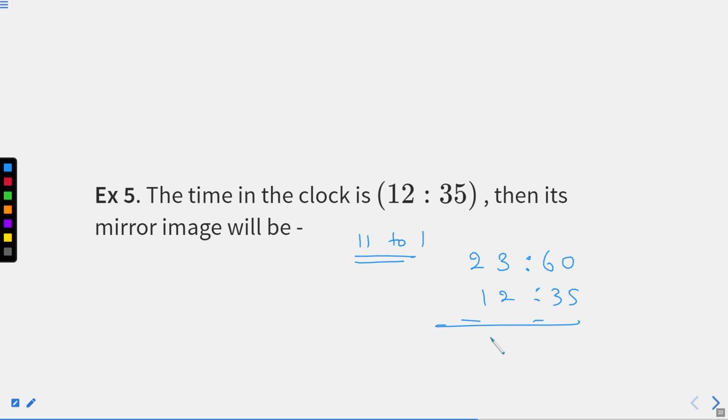So you will get 11 and 25 minutes. So this will be your answer. I hope this part is clear now, right? We are not doing anything extra. We are just using the method that we have already discussed. If the time is between 11 to 1, then subtract it from 23 60 and you will get your answer, right?